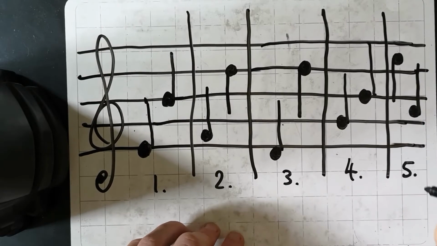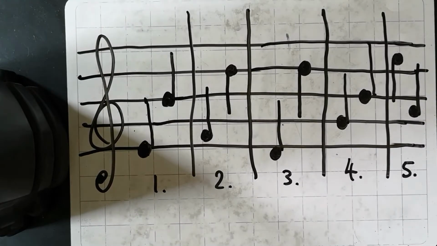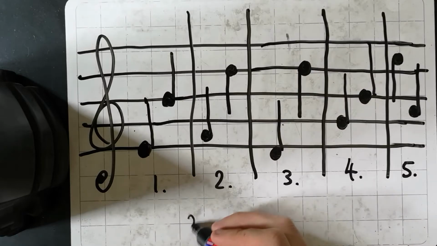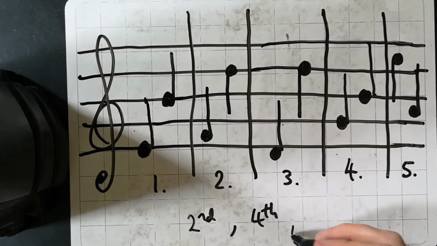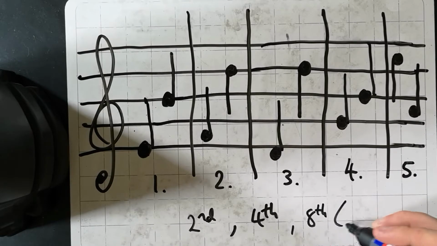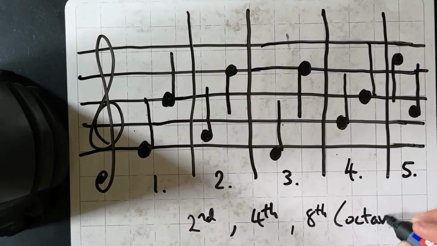So work out the intervals between those 5 sets of notes, and you want to write in whether it is a second, a fourth, an eighth, or you could write octave, because they mean the same thing. Whatever the distance is, we'll write that in for those 5 examples.